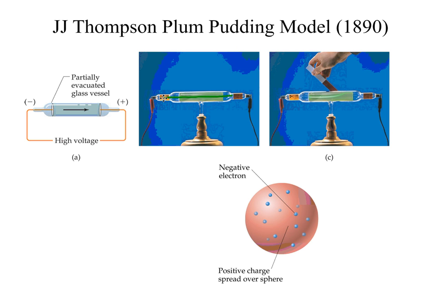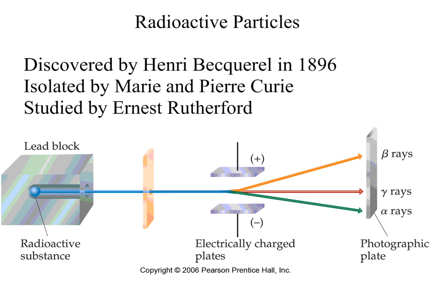So now, instead of the solid indestructible sphere, we have these negative particles embedded in the atom, which they termed electrons, and then a positive charge spread over the remaining sphere of the atom. They knew that the charge had to be balanced, an equal number of positives and negatives. So that was J.J. Thomson's plum pudding model. And it took 80-some years for us to get from the solid indestructible sphere to the plum pudding model.